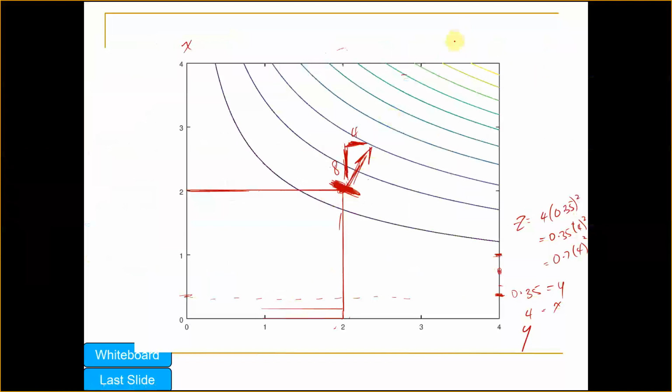So if I wanted to make a smaller step size, so it can just be on this plot, let's say I'm going to go by 0.2. Then what would it be?